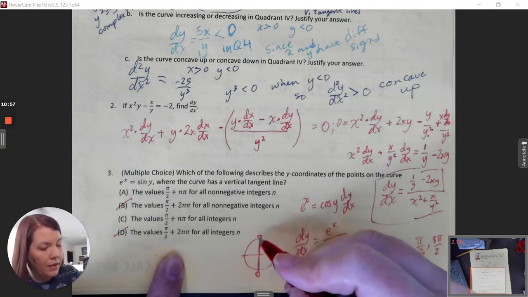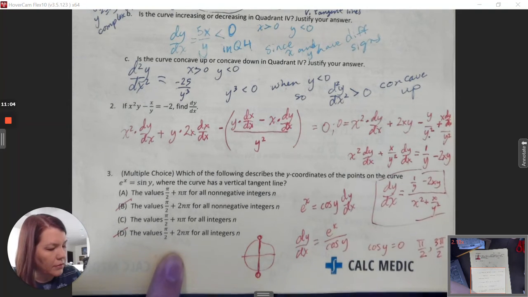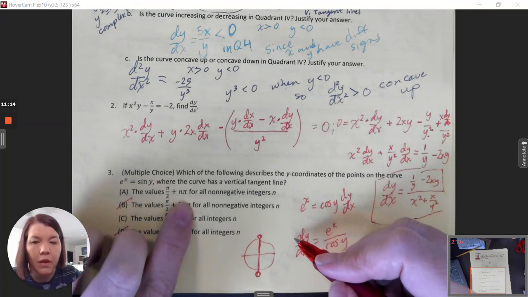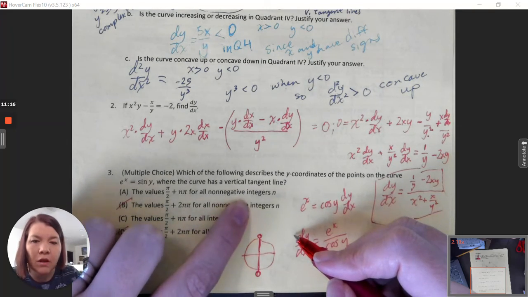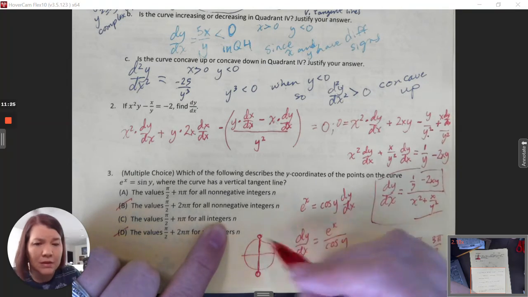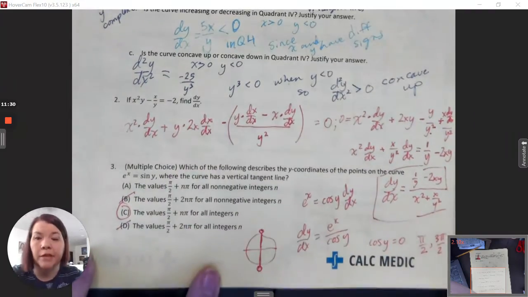That's where we're 0. So the question is, is it non-negative integers or for all integers? I'm going to say for all, because it can go both ways. That's my guess.